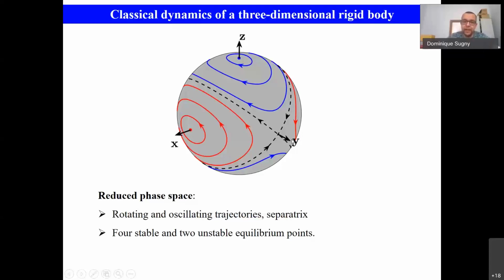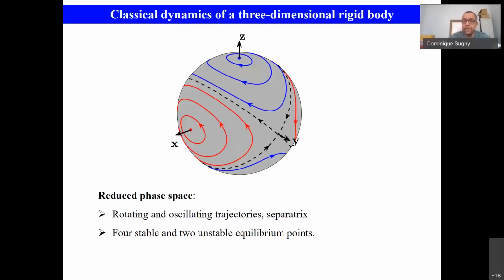And the interesting point is the fact that, from a classical point of view, we have 4 stable points, this one and the 2 others, and 2 unstable points associated with the equilibrium points along the y direction.